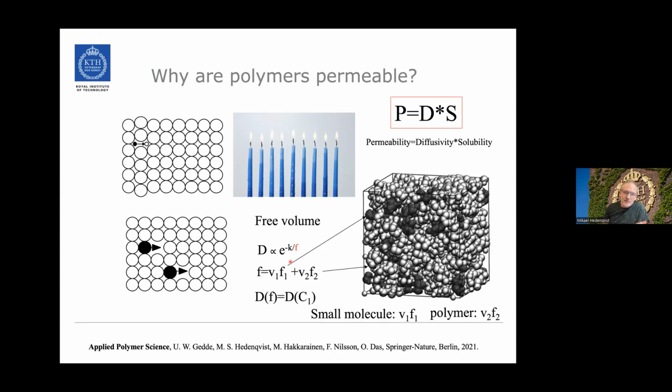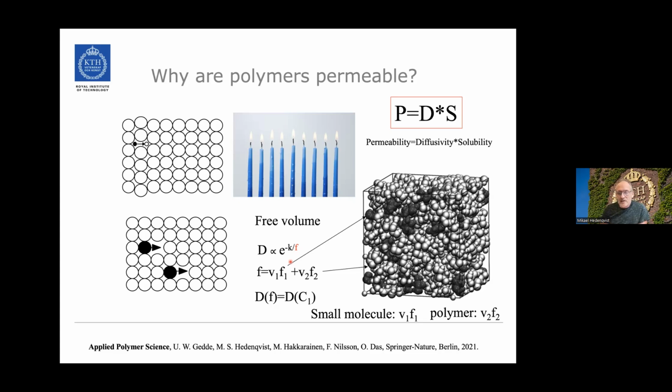And perhaps a little bit non-intuitively, you would expect that the small molecule will have a small free volume because it can pack densely, but that's not the case. The smaller molecules are actually coming in with a greater free volume.